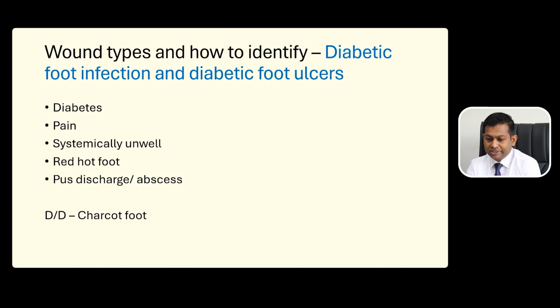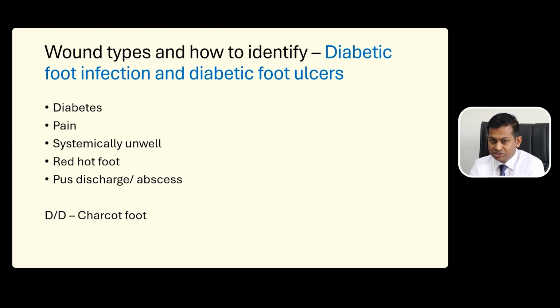So when we go to the history, the patient will always have diabetes or maybe undiagnosed diabetes. They may say, okay, I'm on diet control. Well, if you have a look at their chronic glycemic control, it will be all over the place. They will have pain, and sometimes they may present systemically unwell, with fever, not able to walk, not able to get up, lying on a trolley or a bed with a red hot foot.